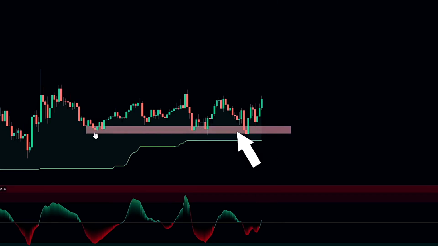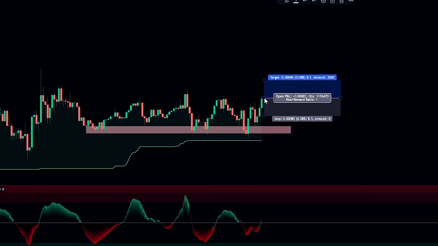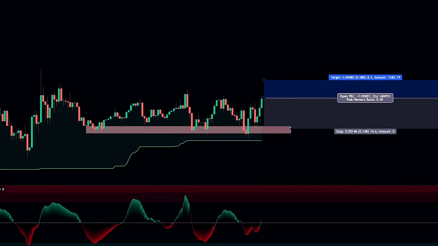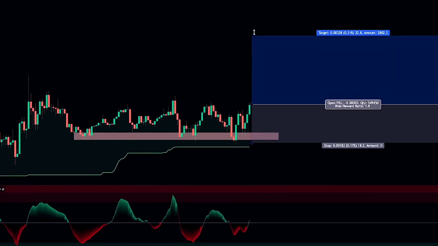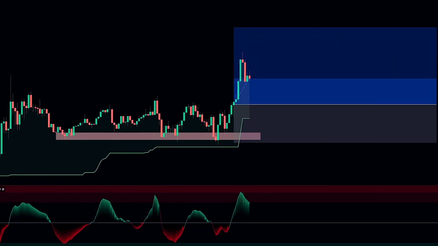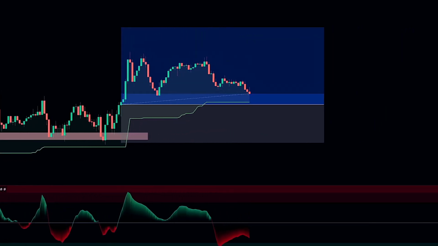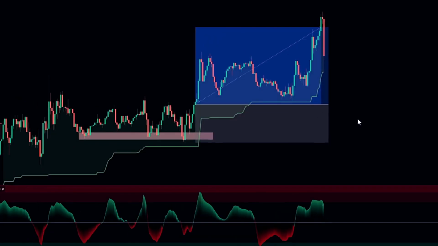Plus, price rejected that support level right before the pullback ended. That gave us the confluence we needed. Again, stop loss went just under support, take profit was set at 2 times the risk, and the trade hit target.